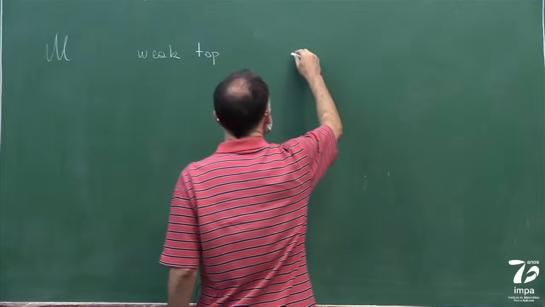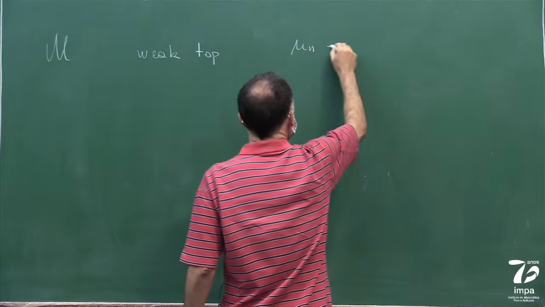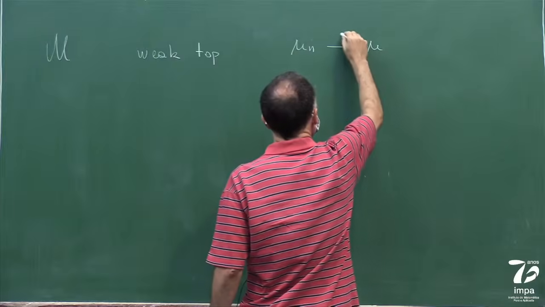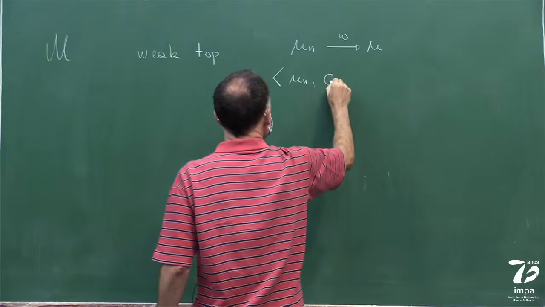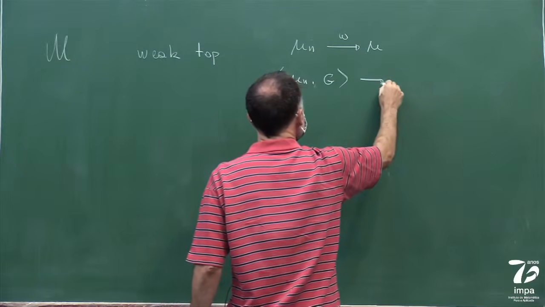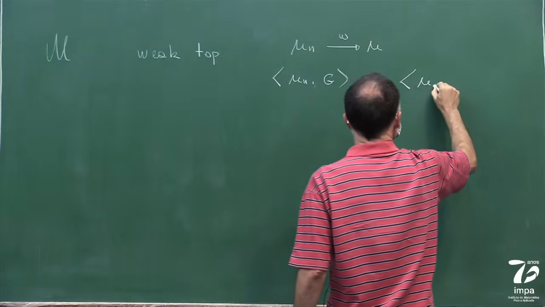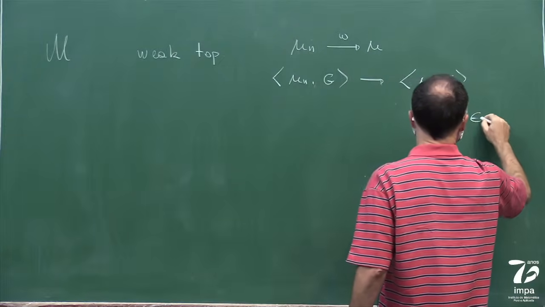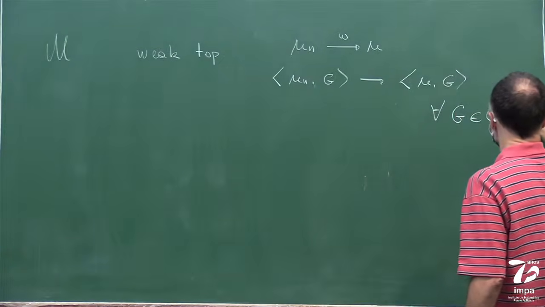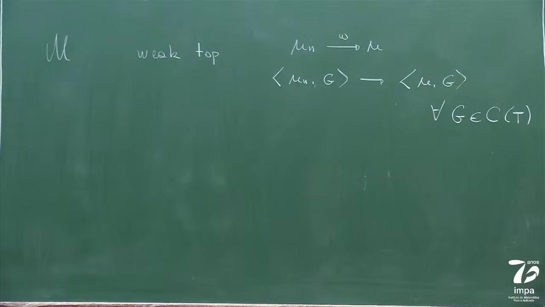So I'll say that a sequence mu n converges to mu weakly if the integral of any continuous function with respect to mu n converges to the integral with respect to mu. So this is the weak topology. I'll say that the sequence of measures will converge to mu if this is true for all continuous functions.